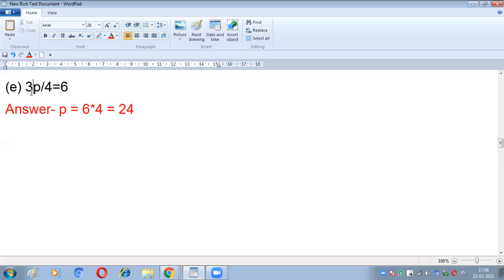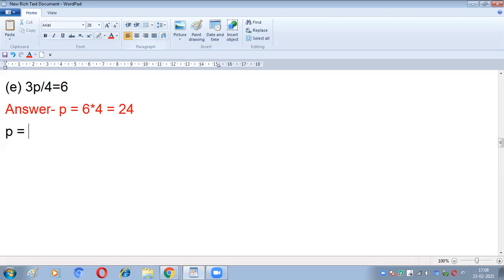At the last we can simply solve it, but this 3p will be at the rest, and at last we will use this 3p. So just see here, 6 multiplied by 4, which is equals to 24. Now we have got the answer 24.